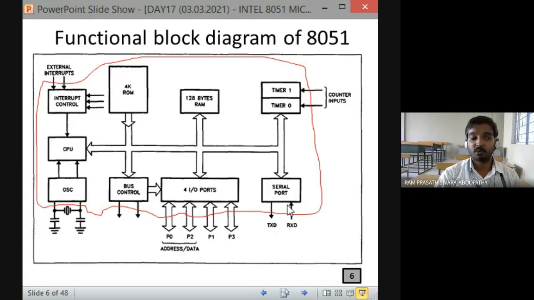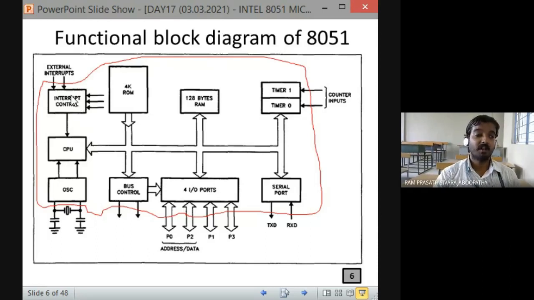When we say full duplex, both transmission and reception can be done simultaneously, so we have two dedicated pins for serial communication. Correct? Is it clear?